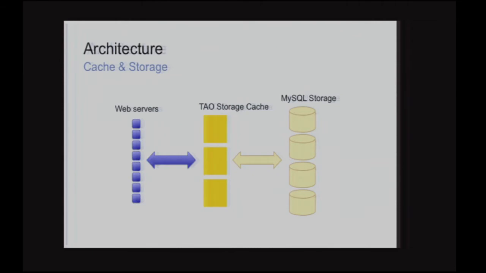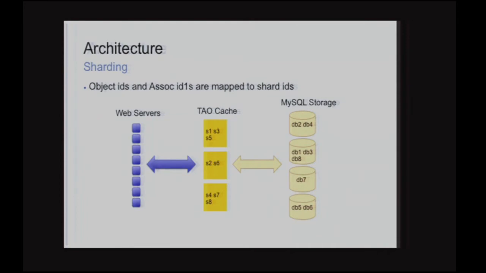This cache is like a write-back cache. So when applications update the cache, it automatically gets updated into the database. The data is sharded. All these associations and objects are sharded, in the sense that we create a bazillion number of shards and spread them along these databases and these caching machines, and we never automatically split a shard.